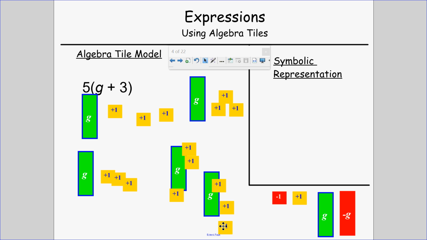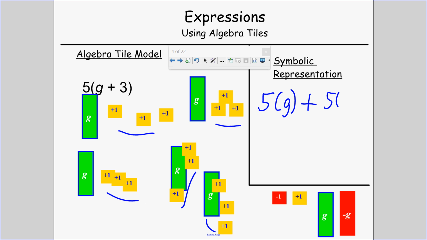How many groups of G's do we have here? I see 5 groups of G, plus how many groups of 3's do we have here? 1 group of 3, 2 groups of 3, 3 groups of 3, 4 groups of 3, 5 groups of 3. So we have 5 groups of G, or 5G's, plus 5 groups of 3, which is 15.